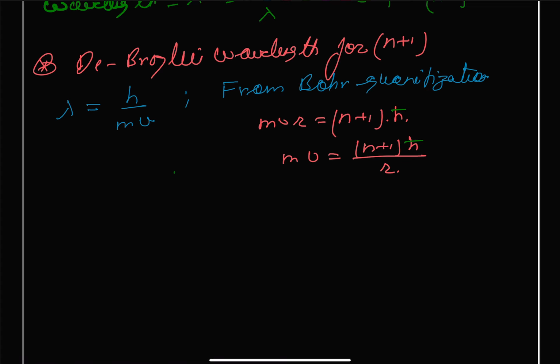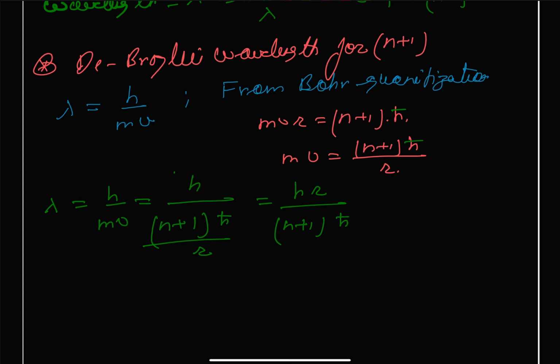Therefore we can write now our lambda, which is equal to h upon MV, giving us h upon n plus 1 h bar divided by r. This gives us h r divided by n plus 1 h bar, which will be further written as 2 pi multiplied by r divided by n plus 1.